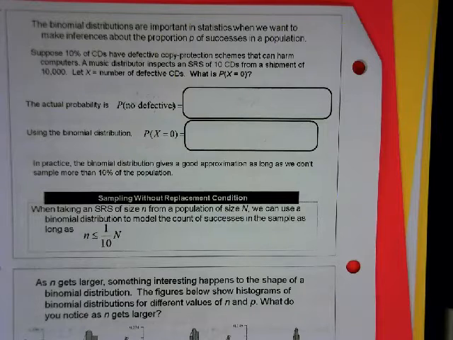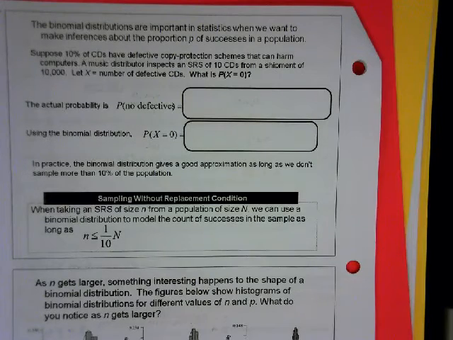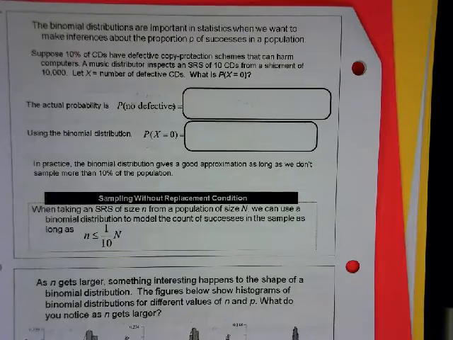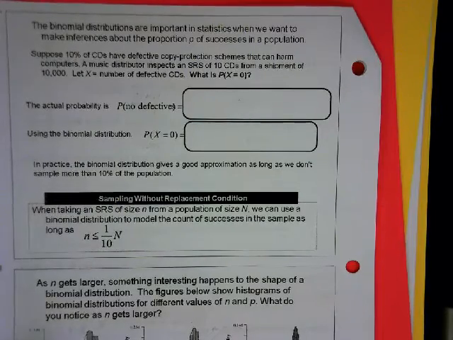A music distributor inspects an SRS of 10 CDs from a shipment of 10,000. Let X equal the number of defective CDs. What is the probability X equals 0? So the actual probability that there are no defective CDs in his SRS of 10.